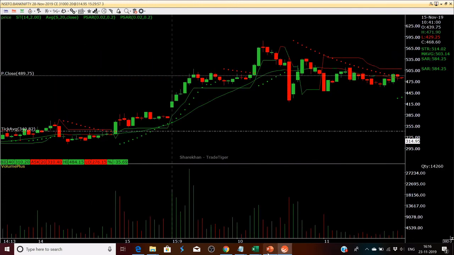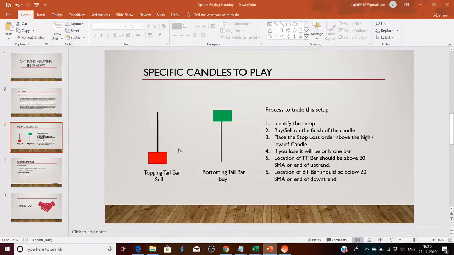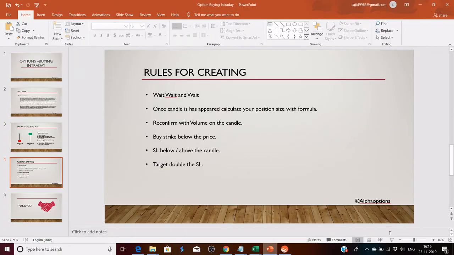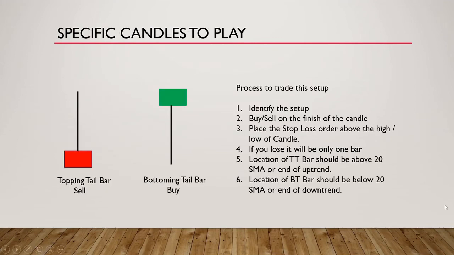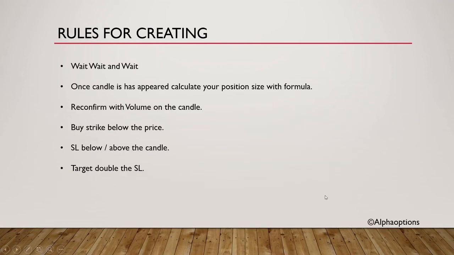So what are the rules? Let's go back to the rules section. You have to wait for this pattern to appear and only then hit hard, and it has to be above the 20 period moving average or below the 20 period moving average. And once the candle has appeared, calculate your position size with the formula which I have shown.